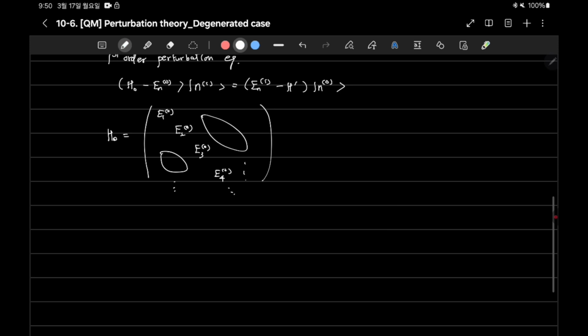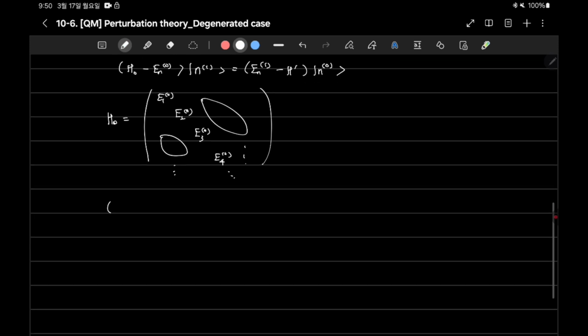So we can write H0 minus E20 as a matrix: first E10 minus E20.